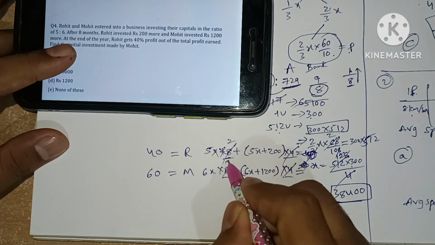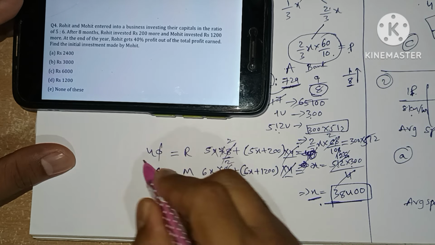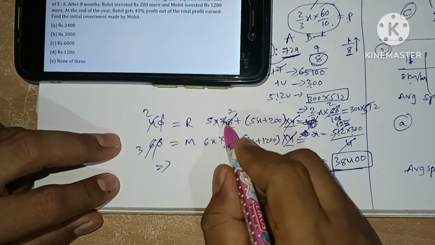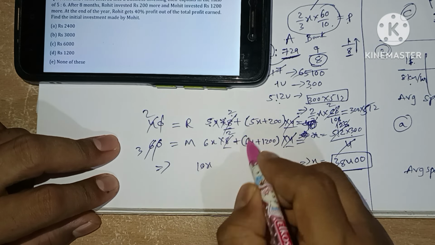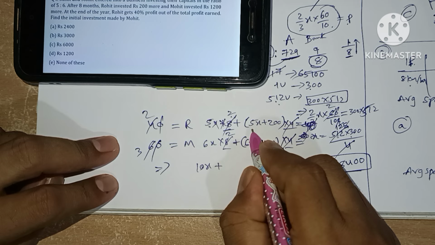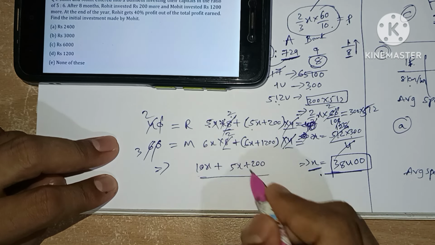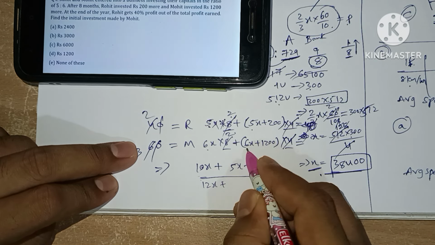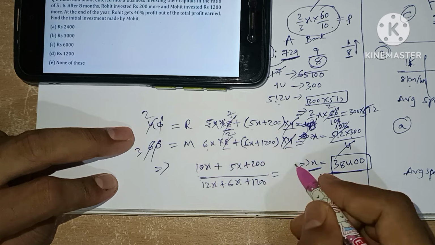Now 0 0 cancel, 2 times and 3 times. Totally what we have is 5 2 times 10x plus 5x plus 200 whole divided by 6 2 times 12x plus 6x plus 1200 equals to 2/3.